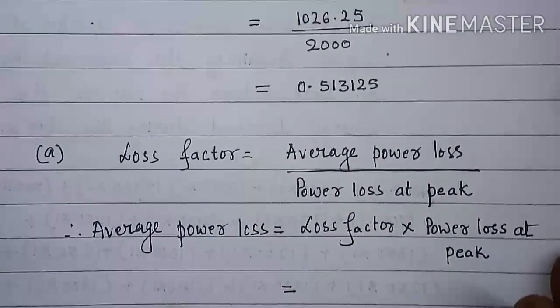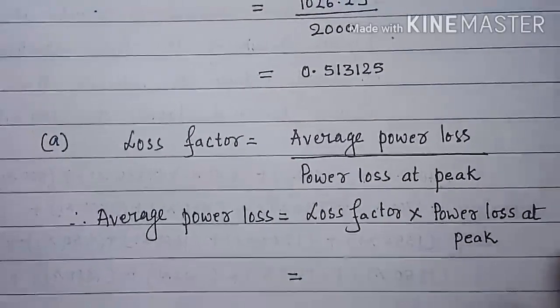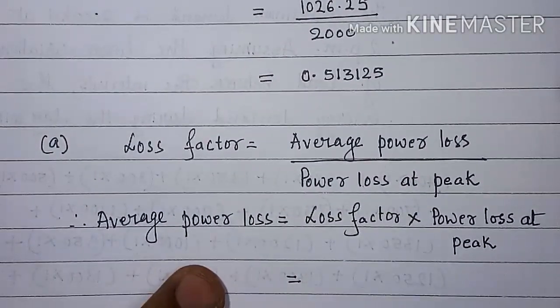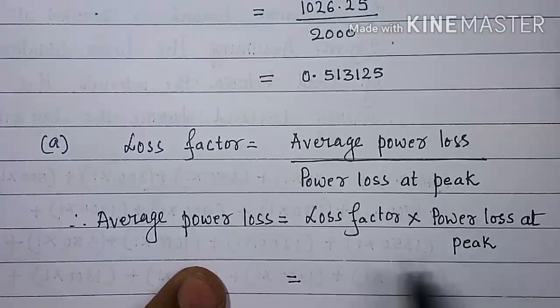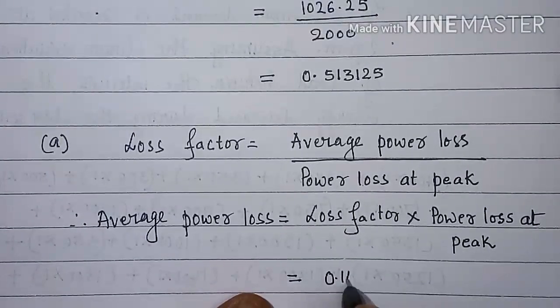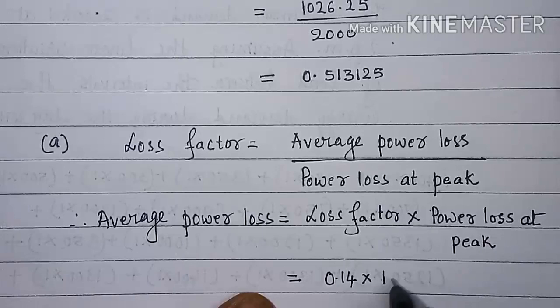Loss factor is given to us as 0.14. Power loss at peak is equal to 108 kilowatt.